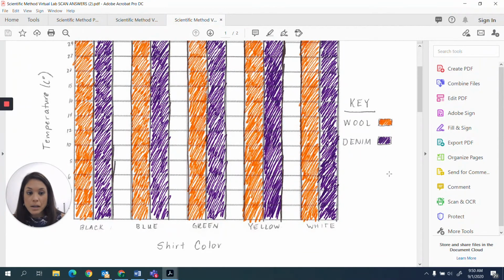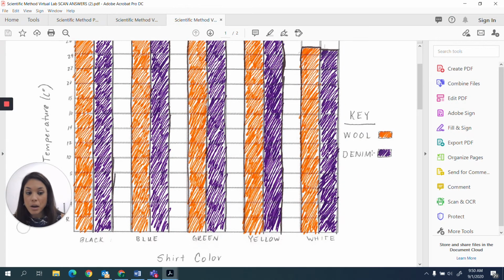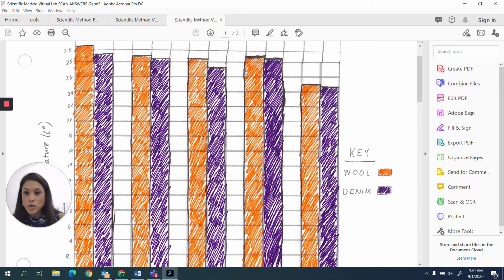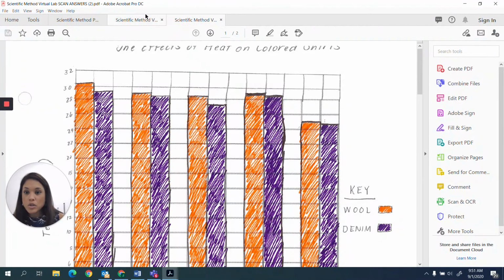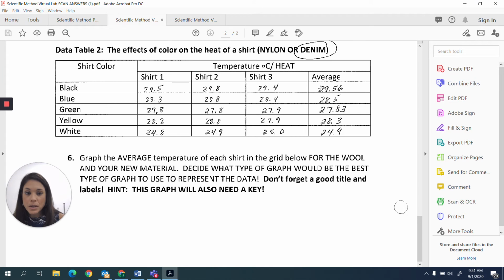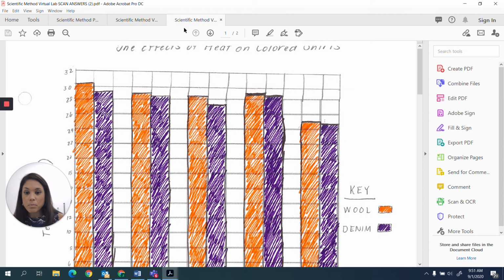I also created my key because I'm comparing the wool and denim averages. So remember, you needed to look at this average temperature for each and make a comparison. So I looked at my black average for wool shirts and then my black average for denim shirts, and I made a plot.